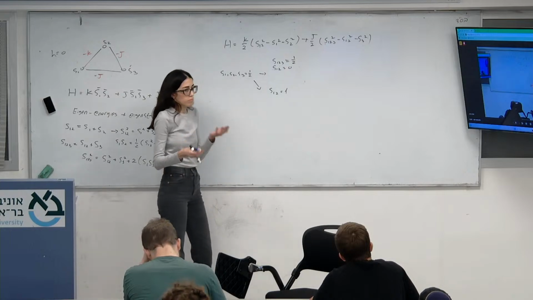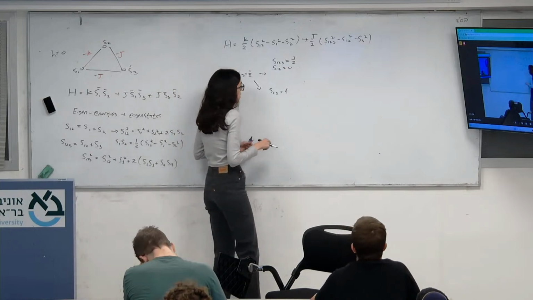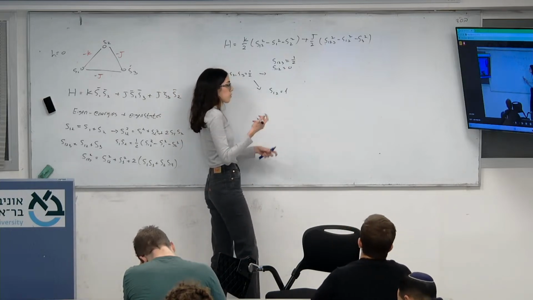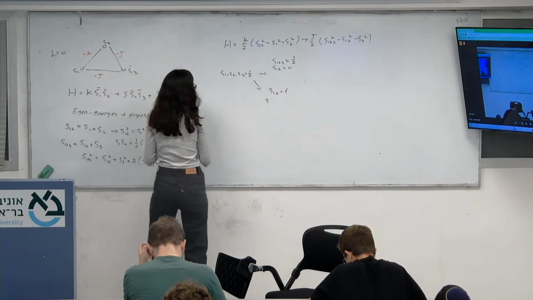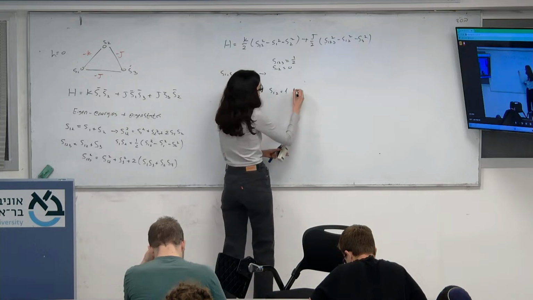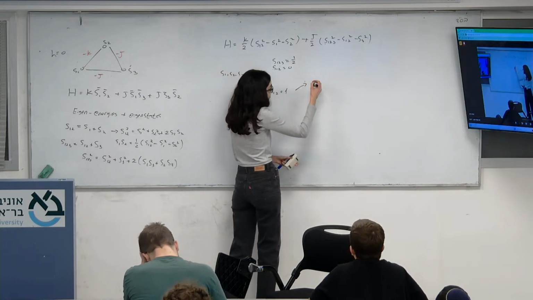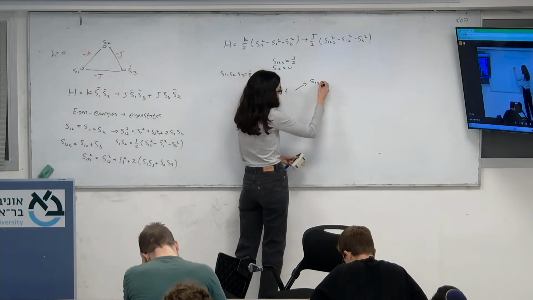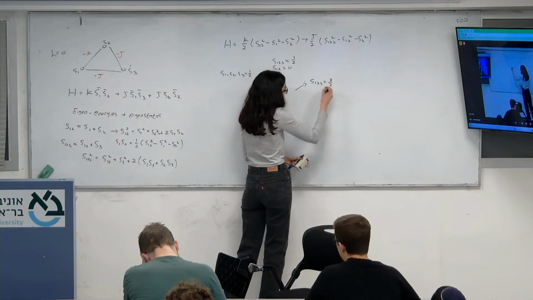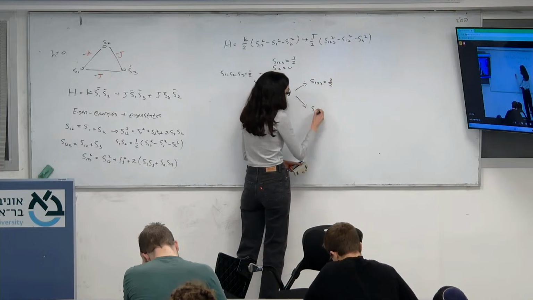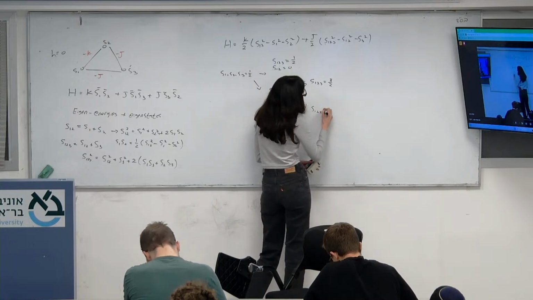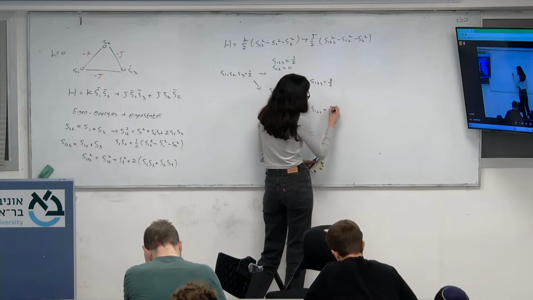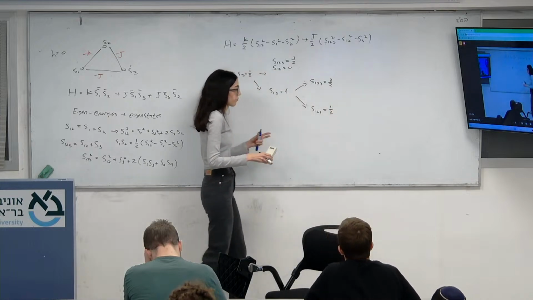But if S12 is equal to 1, then for S3 I either add the half and then S123 is equal to 3 over 2, or I subtract the half and then just get half.